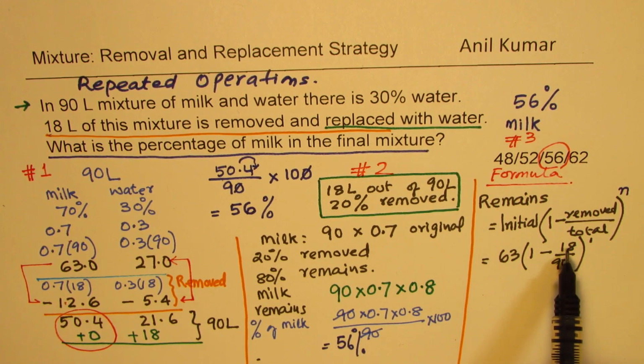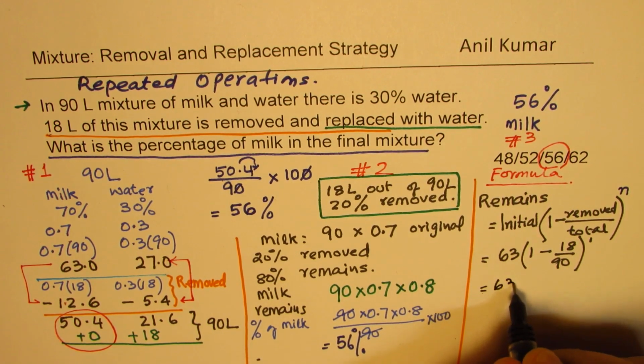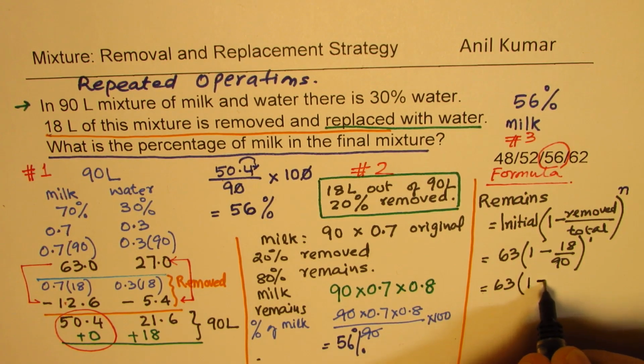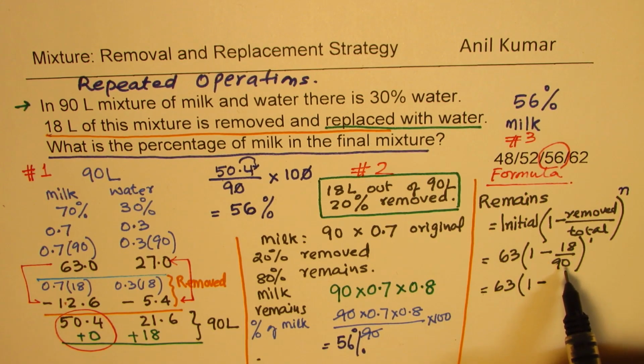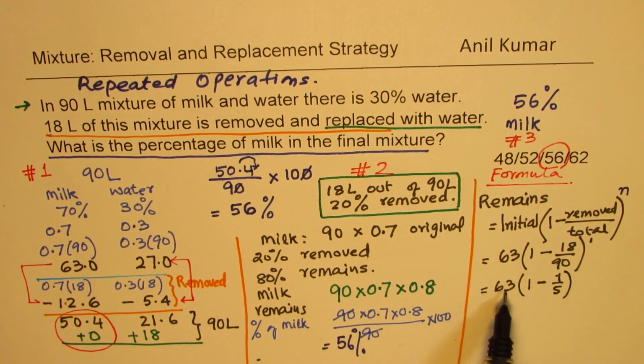So now you could simplify this. 18 can go 2 times and then 9 times, right? So 9 times 2 is 18, 9 times 10 is 90. You could actually write this as 63 times 1 minus... if you divide by 2, we could divide by 9 also. So we get 2 over 10, or we get 1 over 5, okay? So 63 times 1 minus 1 over 5.